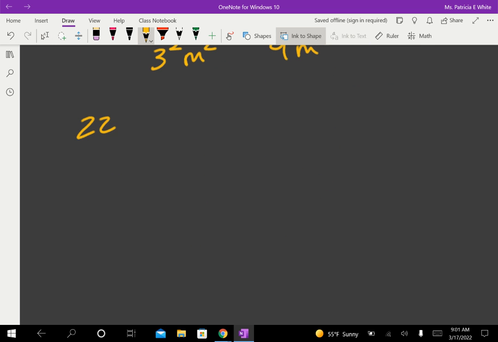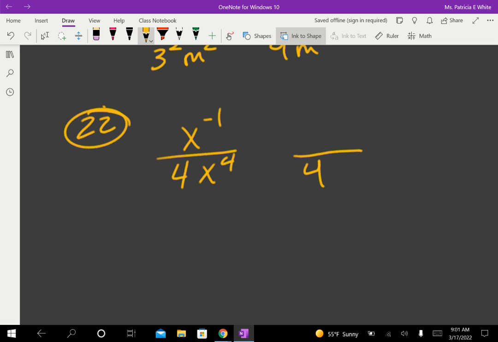22. We're going to move on to our quotient rule. And remember, our quotient rule is where we subtract. So I'm going to have x to the negative 1 over 4x to the 4th, right? Remember, it's always top minus bottom. The x's, I don't have anything to mess with when it comes to that 4. There's no other number, so I'm just going to bring the 4 along.